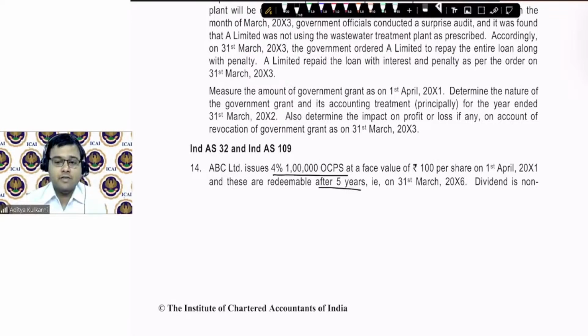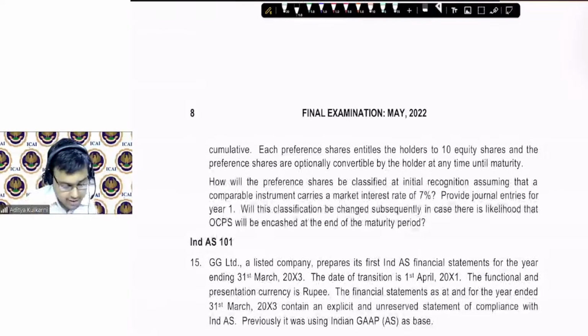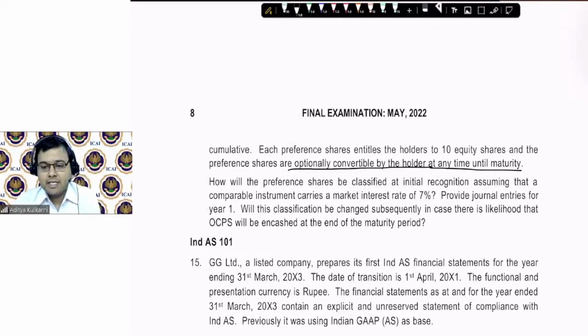That is on 31st March 20x6. Dividend is non-cumulative. Okay. Each preference share entitles the holders to 10 equity shares. And the preference shares are optionally convertible by the holder at any time until maturity. How will the preference shares be classified at initial recognition, assuming that a comparable instrument carries a market interest rate of 7%?